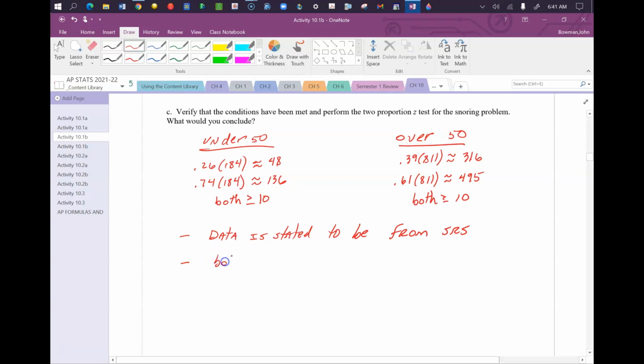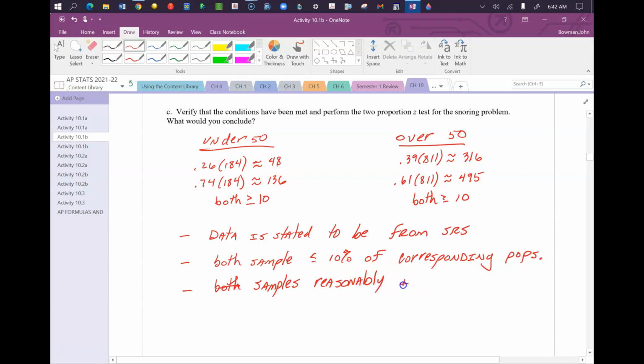So both samples are less than or equal to 10% of the corresponding populations, and both samples are reasonably independent of each other.